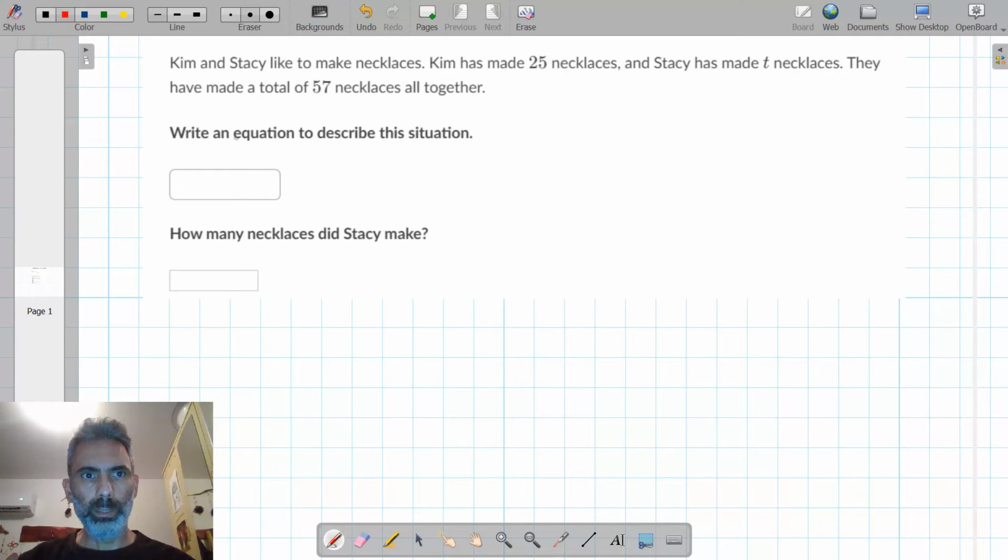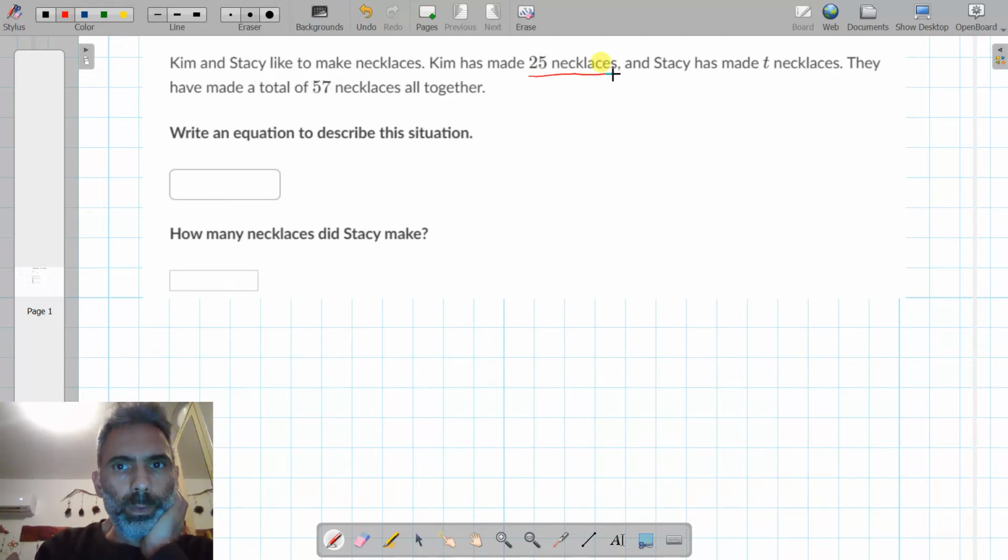Kim and Stacy like to make necklaces. Kim has made 25 necklaces, and Stacy has made T necklaces. They have made a total of 55 necklaces altogether.